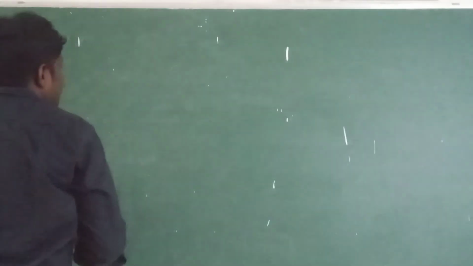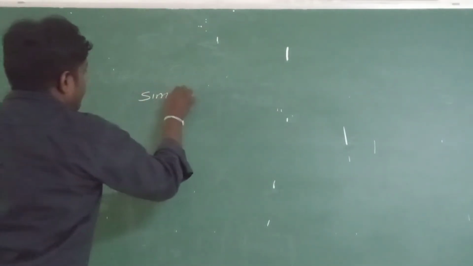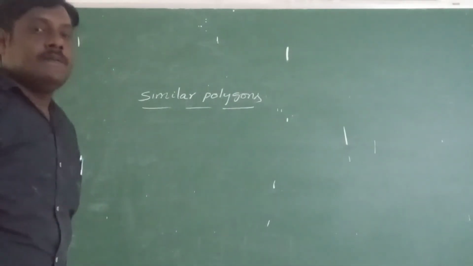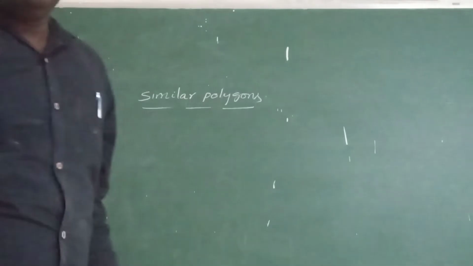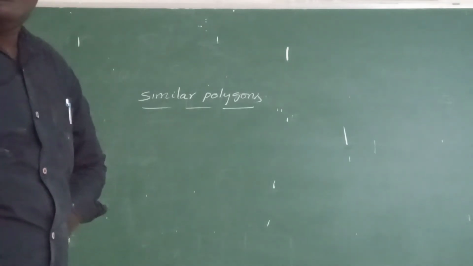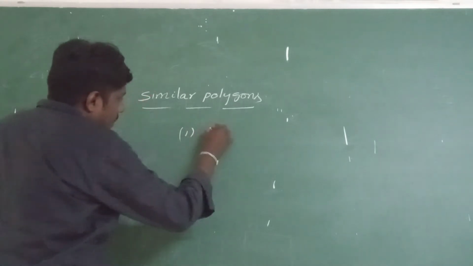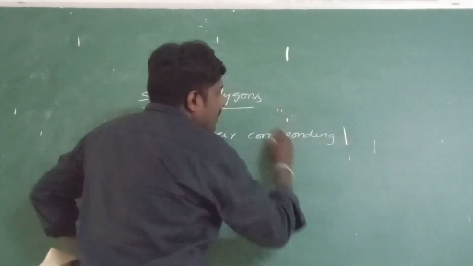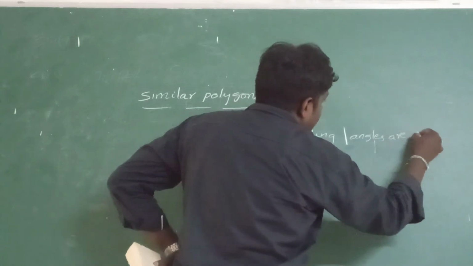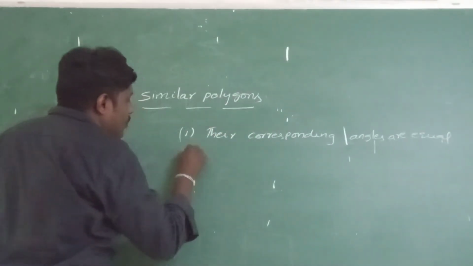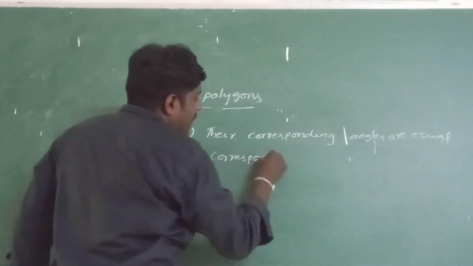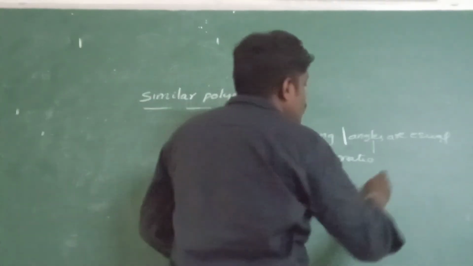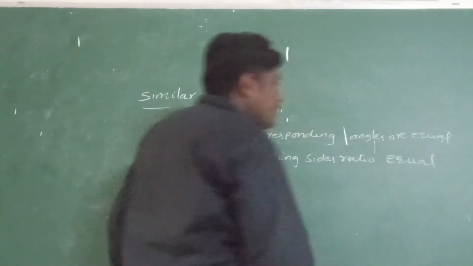Now come to similar polygons. Two polygons are said to be similar to each other if their corresponding angles are equal and corresponding sides are in proportion.